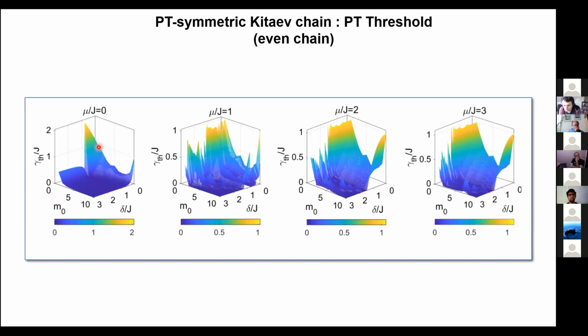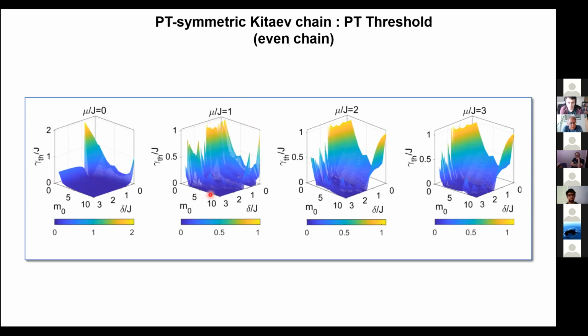And you can see when the gain loss impurities are on the edges, you start seeing a rise as you increase delta, and then it suddenly drops and then saturates to 0.5 gamma over J.